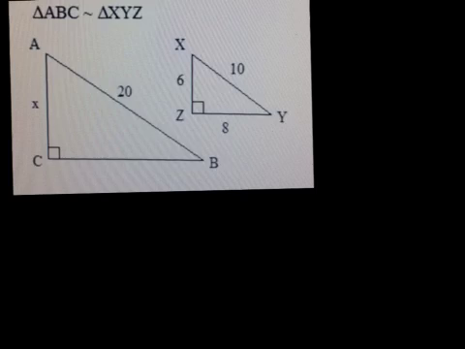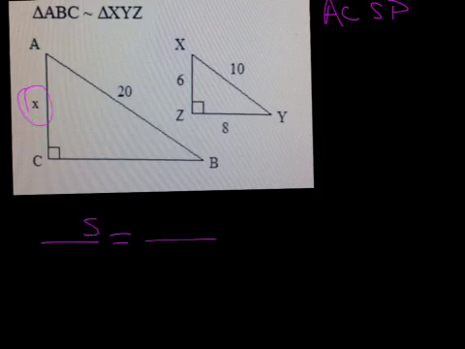First thing, I'm going to write ACSP because I know angles are congruent, sides are proportional. And I'm going to have to find the missing sides. So I'm going to set up my proportion. Line equals line. And I have X, which is going to be my side, over, I guess I'm going to call it slant, which is 20.